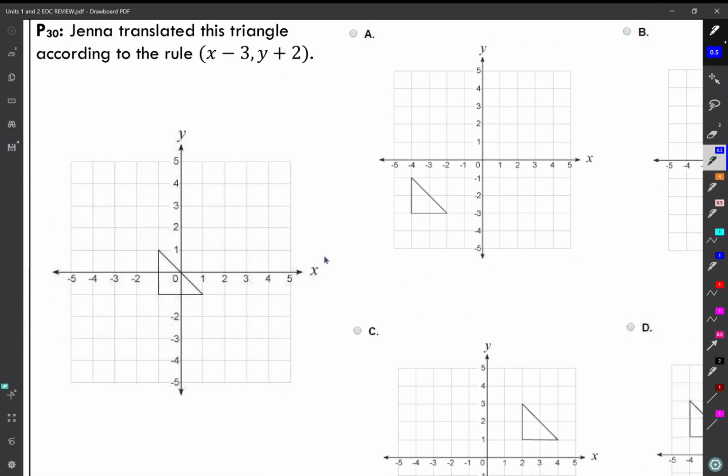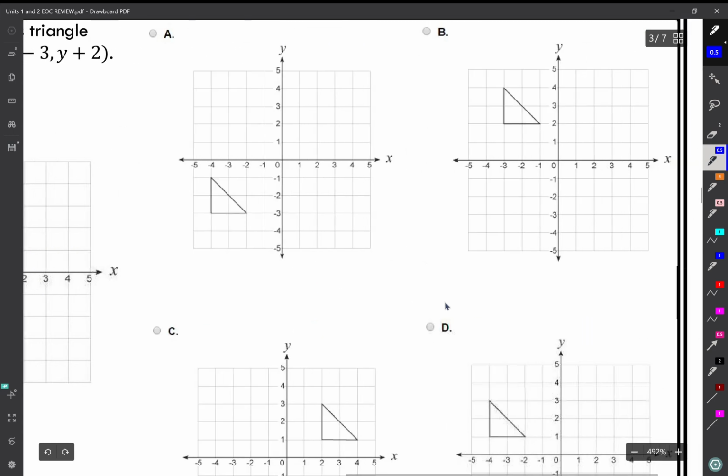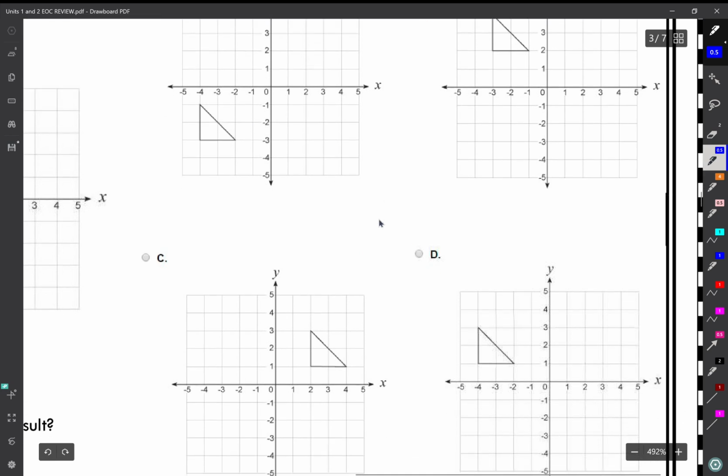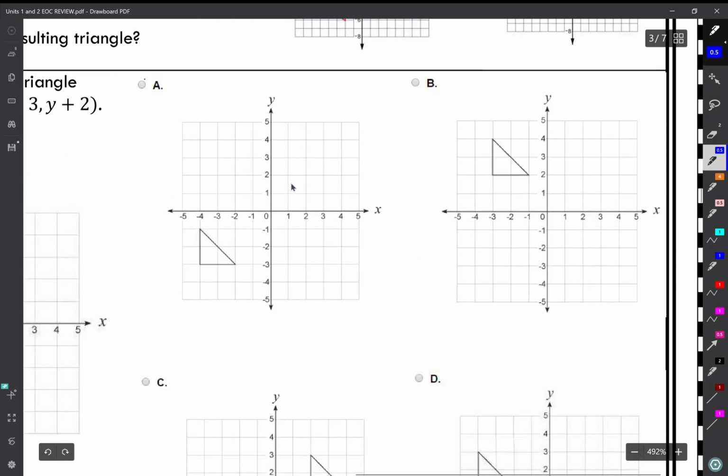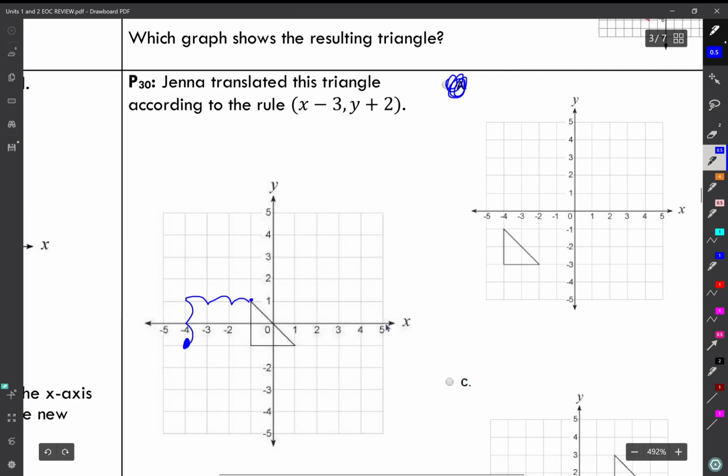Number 30. Jenna translated this triangle according to the rule x minus 3, y plus 2. So let's look at this point. The top of my triangle is going to be 3 to the left, 2 down. So let's look at the triangle that has the top of it at negative 4, negative 1. That would be A. Oh, excuse me.